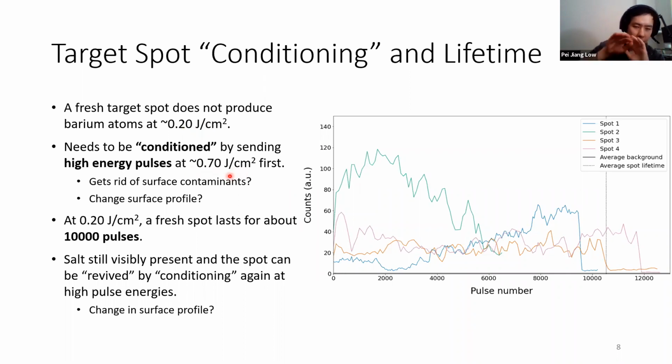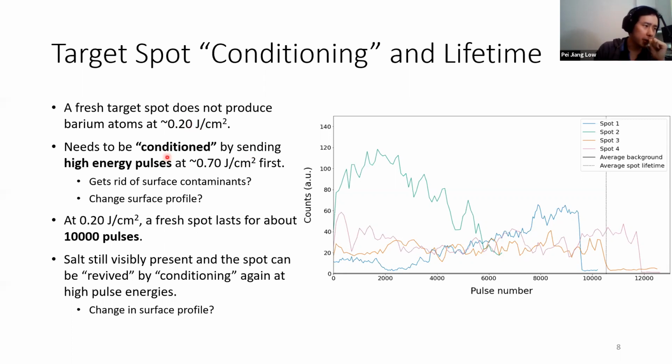Only then will you start seeing neutral barium fluorescence, and the signal will rise through about hundreds of pulses at this pulse energy, and then the count will stabilize. Once it is generating barium atoms at this pulse energy, if you go back to the low pulse energy of 0.2 joules per centimeter square, you will see barium atoms being generated as well.